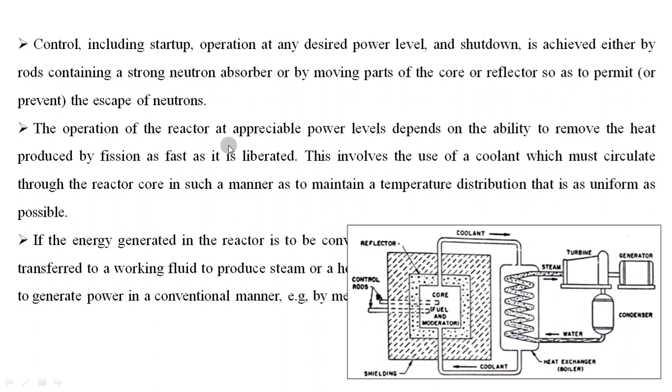In the core, the fission chain continuously produces fission, and because of this the heat is generated. The heat produced must be removed as fast as it is generated, and the operation of the reactor depends on this heat removal.